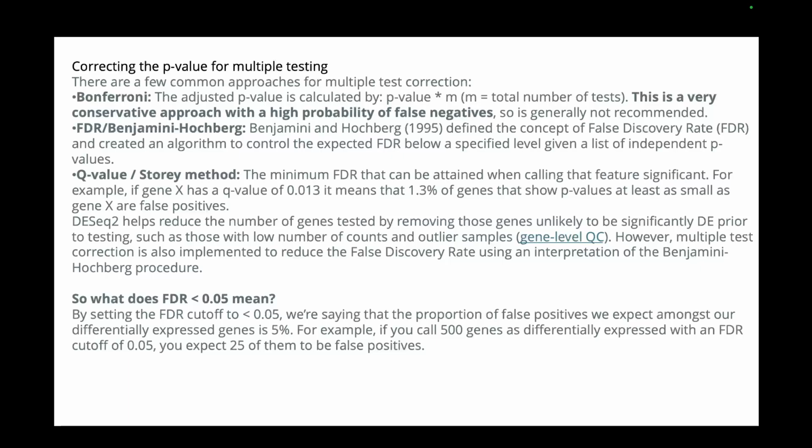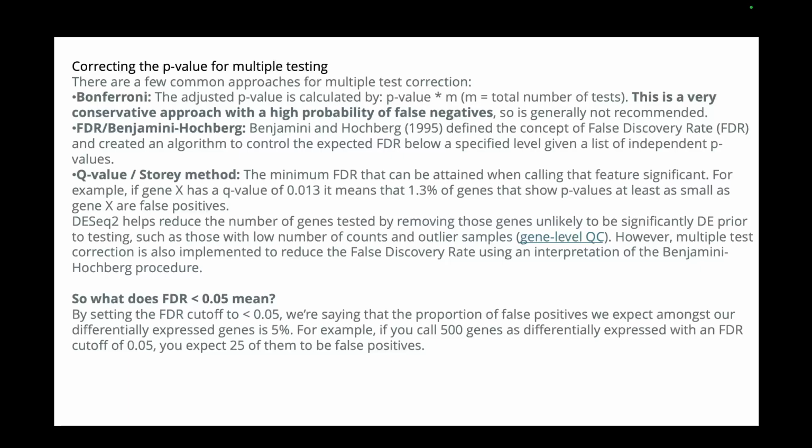So this kind of question, MCQs, might come in your exams as well. What does this particular value mean? Just remember, a Q value means whatever the value is, that percent of genes that show p-value at least as small as that particular gene are false positives.